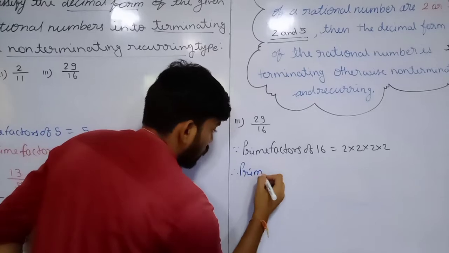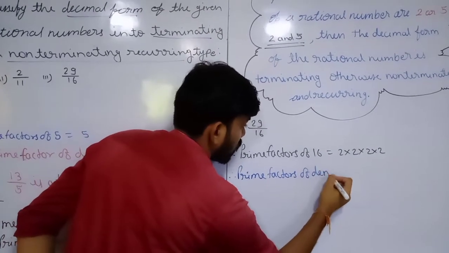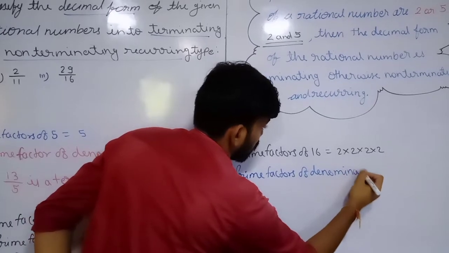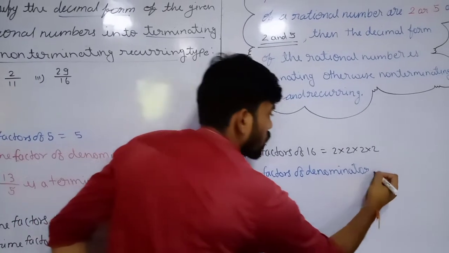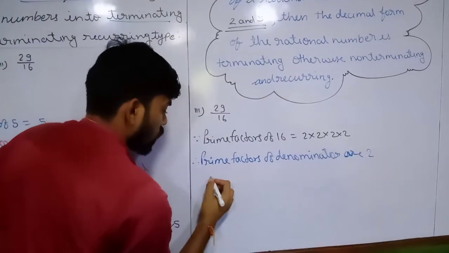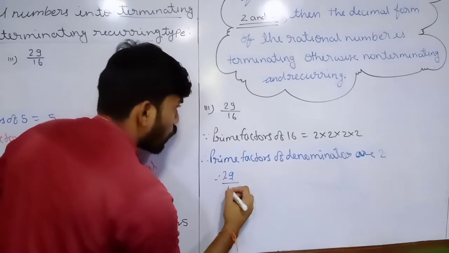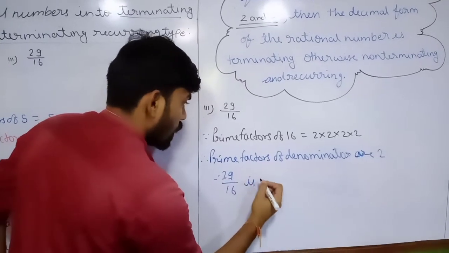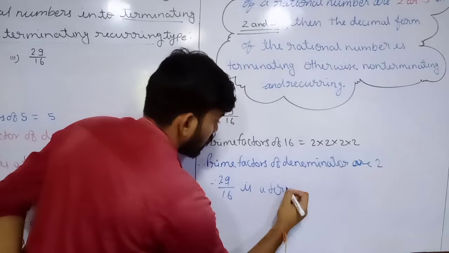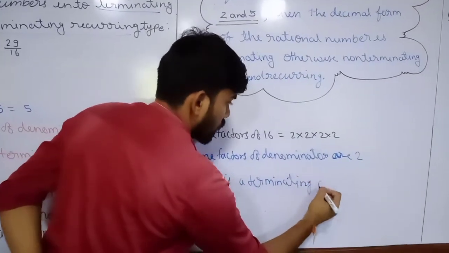Prime factors of the denominator are 2. Therefore 29 upon 16 is a terminating decimal.